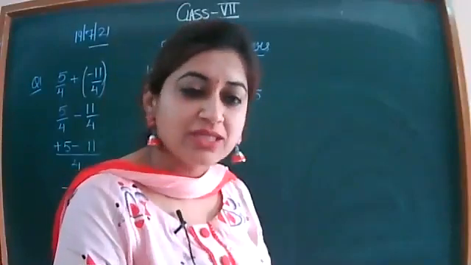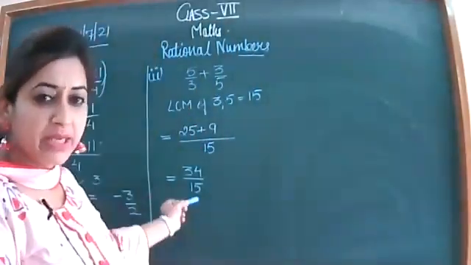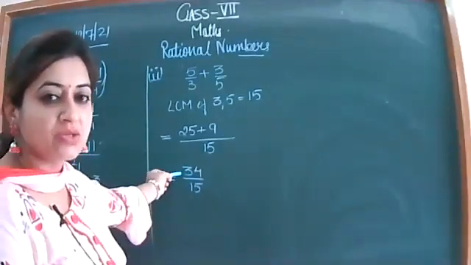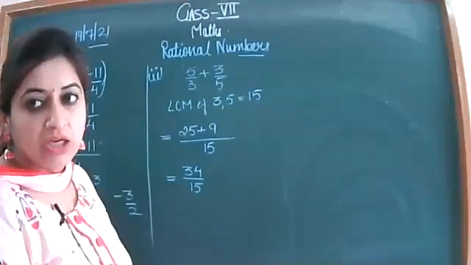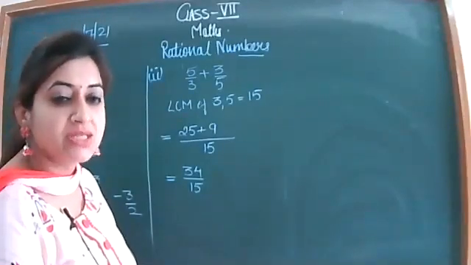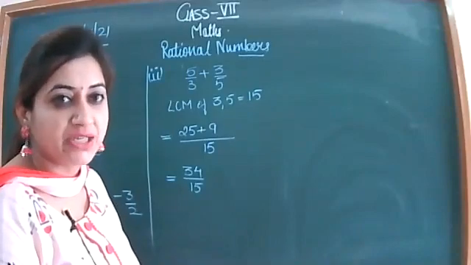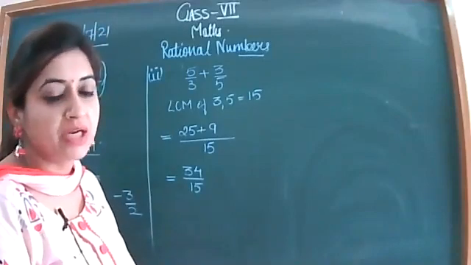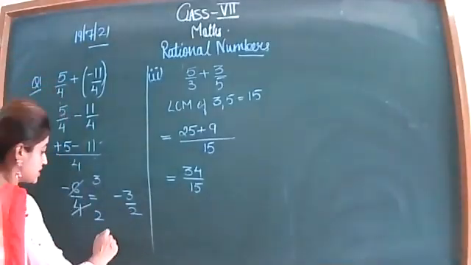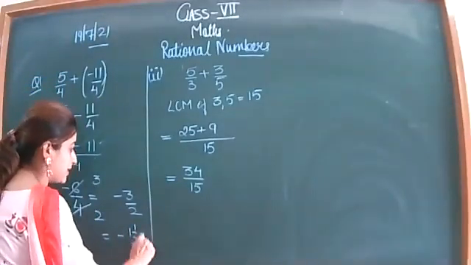It will not be written in the question. You have to do it on your own because it's compulsory to change an improper fraction or rational number into a mixed fraction. So here also you will change the answer to 2 4 by 15.